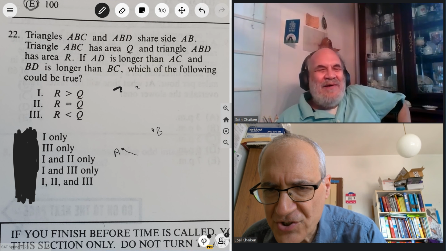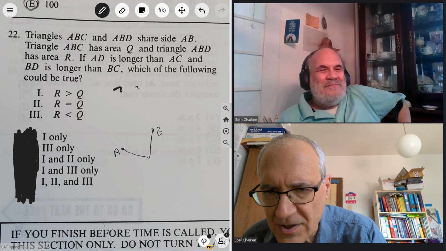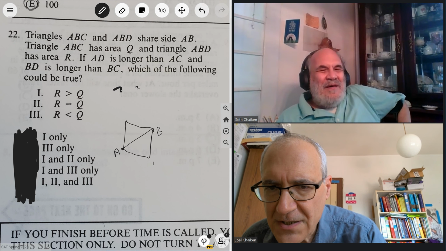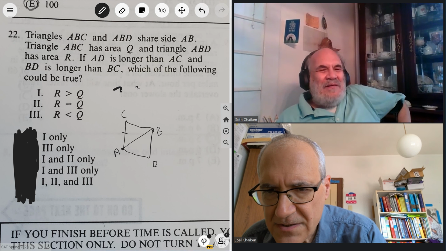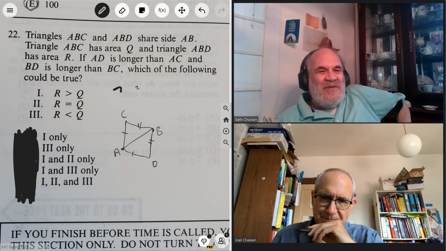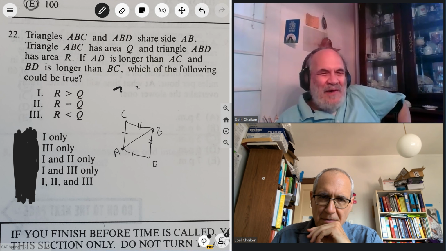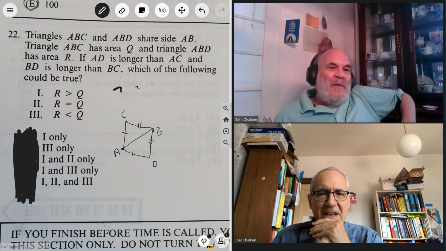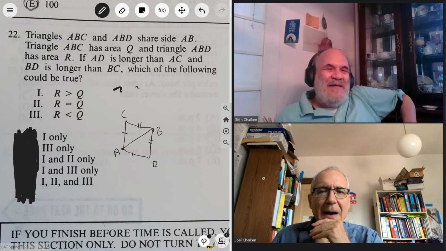So you mean literally like this, where we go this way, D, C, and we go like this. And now if we increase the length of AD, what happens? BD gets big. Obviously the default is that it gets bigger, but we have to come up with a way of increasing AB and BD.